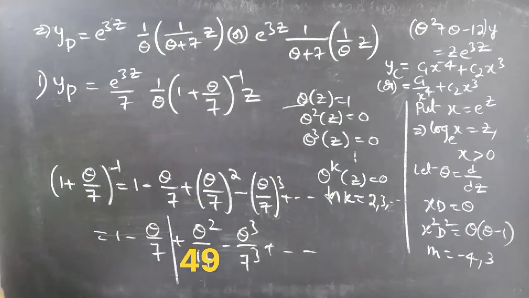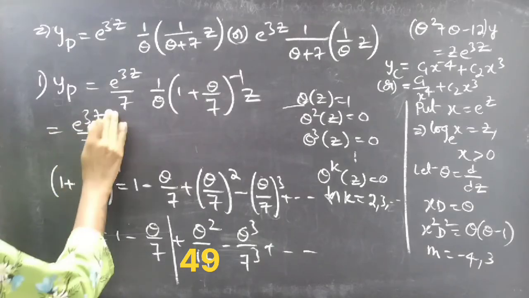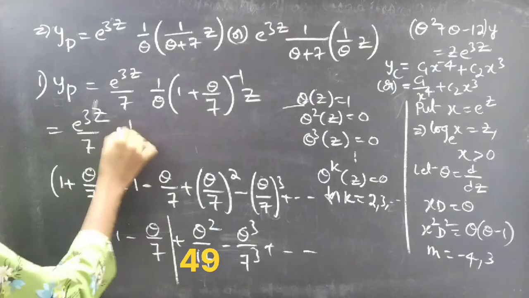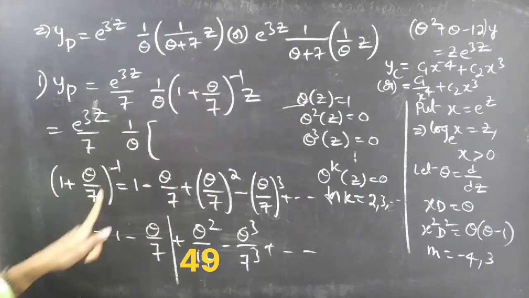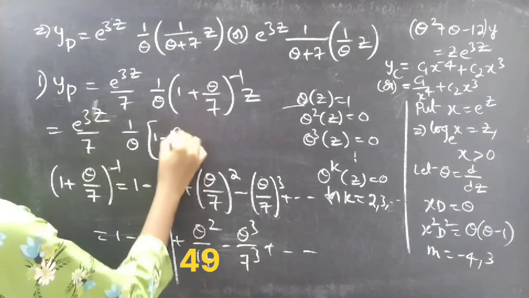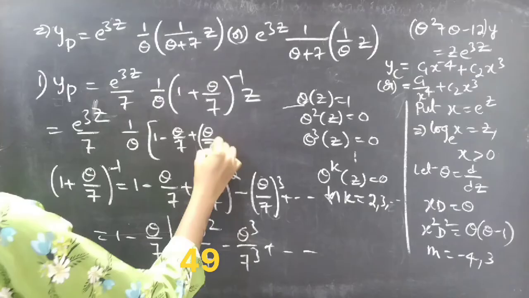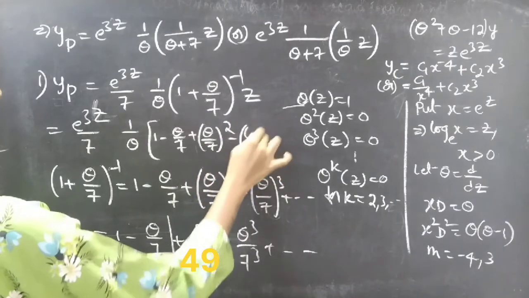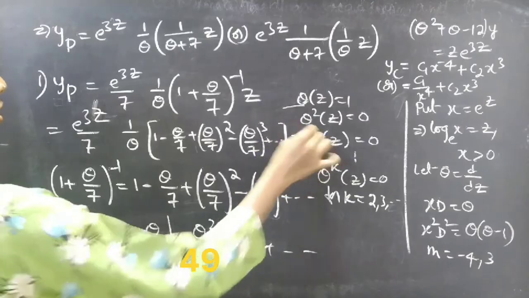So here, coming to yp, expansion of 1 plus theta by 7 whole inverse is 1 minus theta by 7 plus theta by 7 whole square minus theta by 7 whole cube plus so on into z.